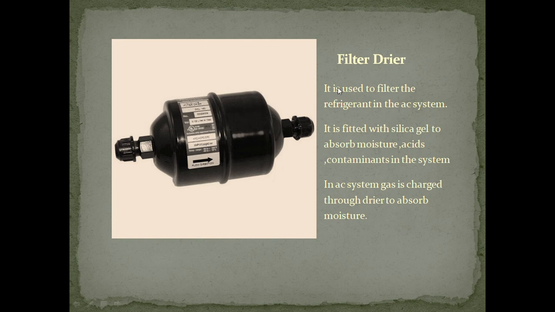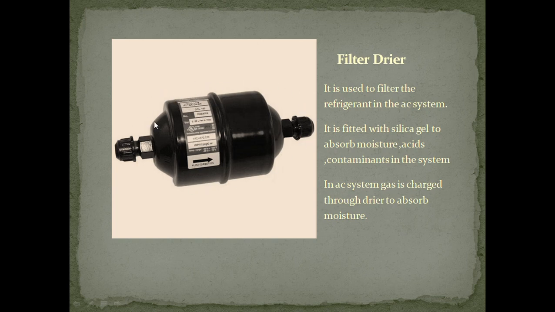This is the filter dryer, okay. What is a filter dryer? A filter dryer is basically used to remove moisture or contaminants in the system. It is used to filter the refrigerant in the AC system. It is fitted with silica gel to absorb the moisture, acids or contaminants in the system. This is the small type, which is replaceable.